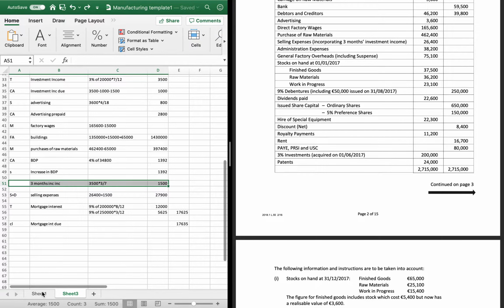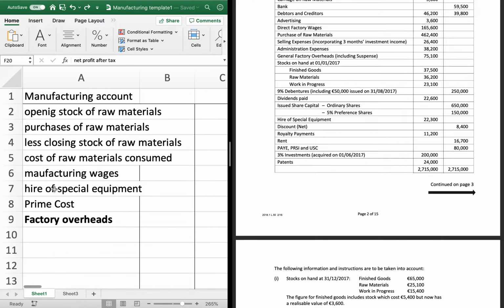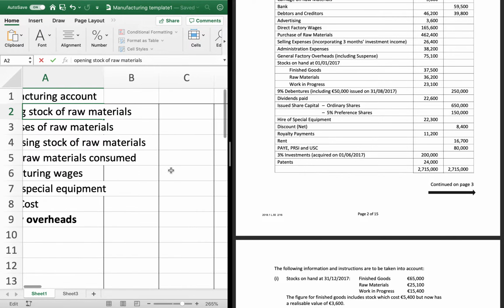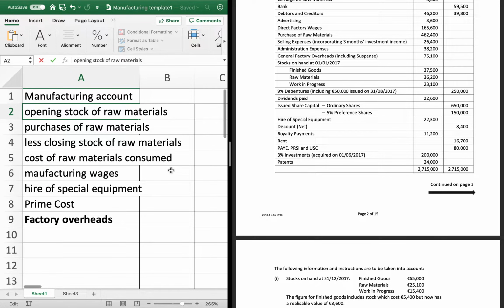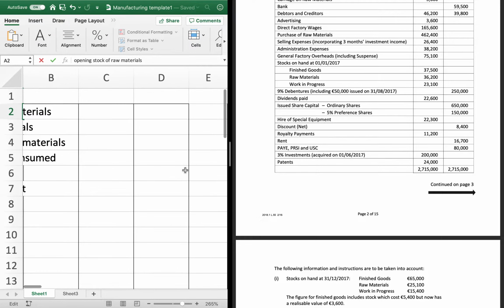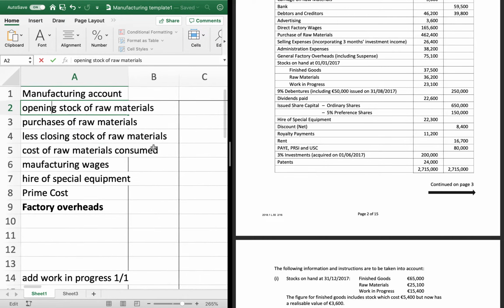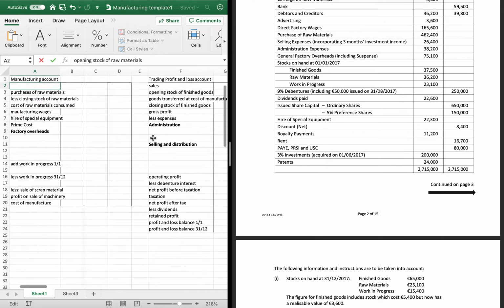So it's quite a lot in that. We can go about getting everything in now. Obviously, you can be pausing this and going back and checking any of those workings as you go. Again, not the way I would normally do it, but I would start at the top and work my way down to the bottom. So my opening stock of raw materials is, I'm just going to make this a little bit smaller so we can get the columns in.